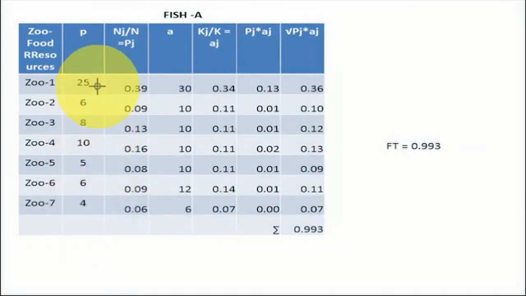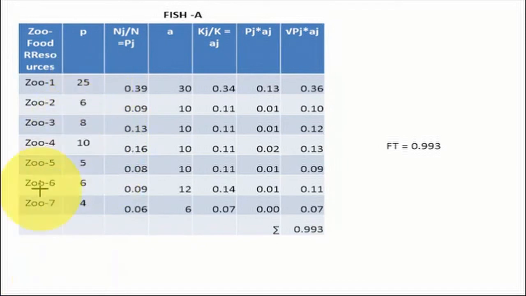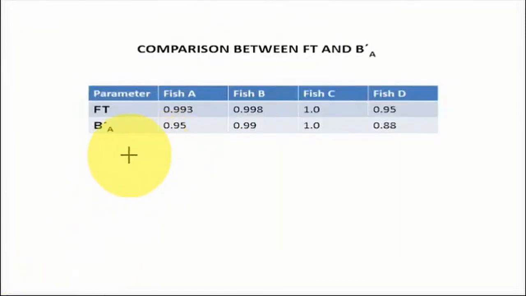The highest figure is 25 and the lowest figure is 4. But in the second case, the highest figure is 65 and the lowest figure is 30. So there is a difference between these variations. The variation here is very low, smaller compared to this fish A. So these variations are reflected in case of Halvard, but in case of Smith diet breadth, these are not reflected.